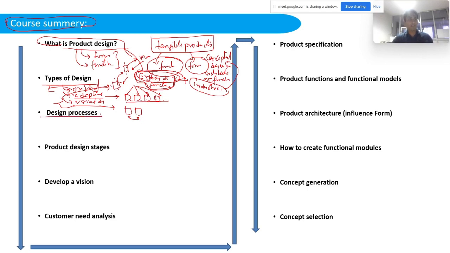Then we discussed design processes. First, we defined what a systematic approach is, and why we need a systematic design approach. A systematic design approach is when we consider various design tasks in a methodological way. There is no rule that as a designer you need to follow this particular systematic way of developing a product.